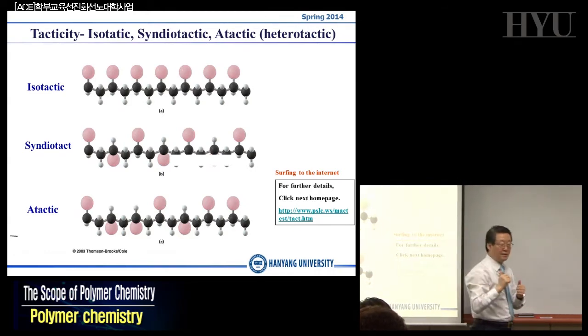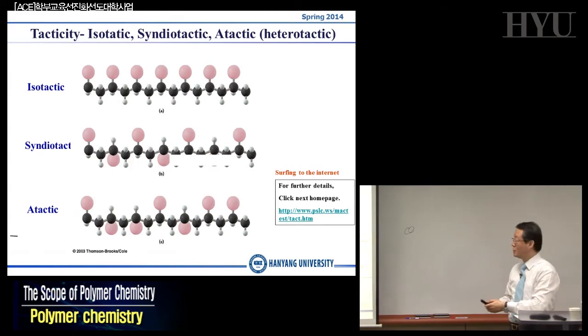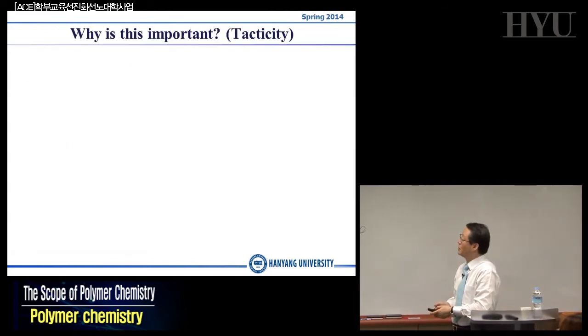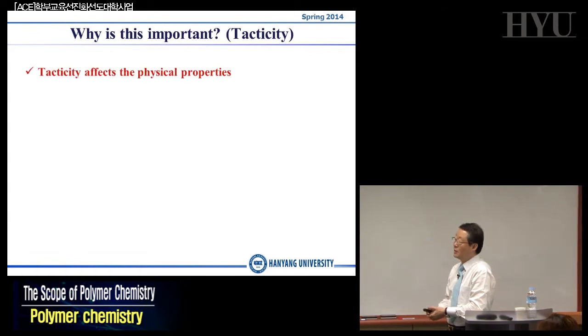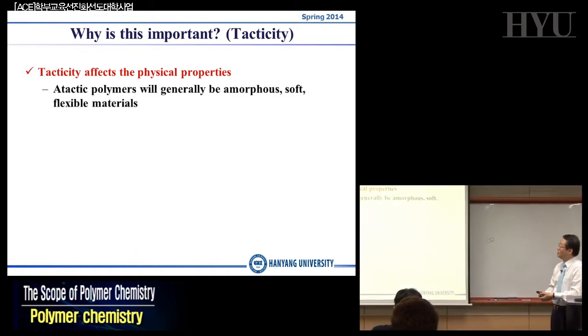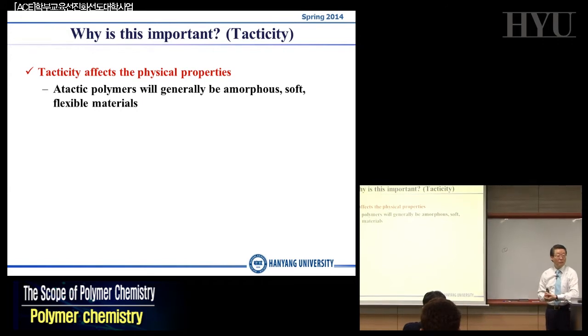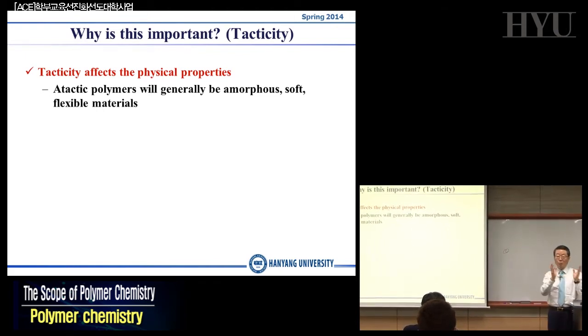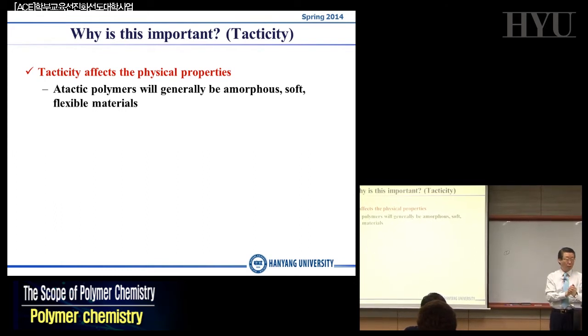So density is a very distinguishable property of these tactic polystyrenes, so tacticity affects the physical property of your final polymer. Atactic polymer is generally amorphous. Amorphous means that it doesn't have any crystallinity. In the case of polymer, we usually have an amorphous or random portion and a crystalline portion.